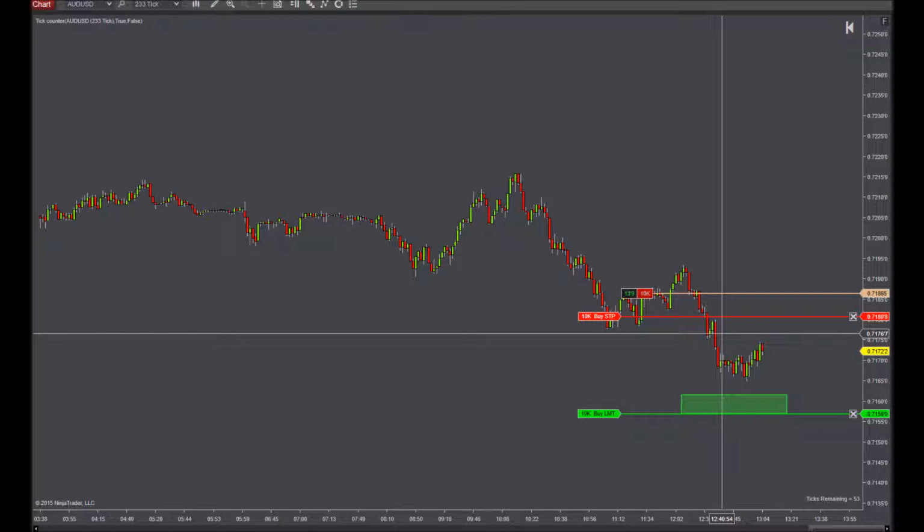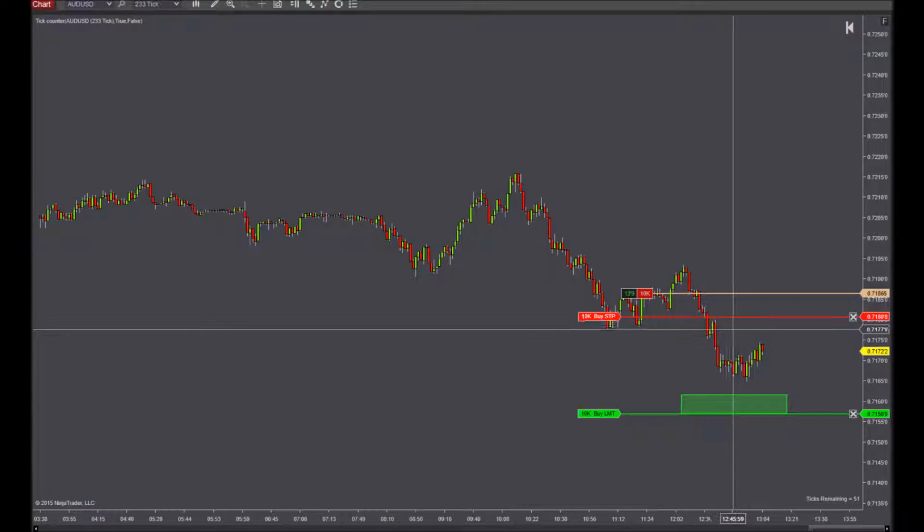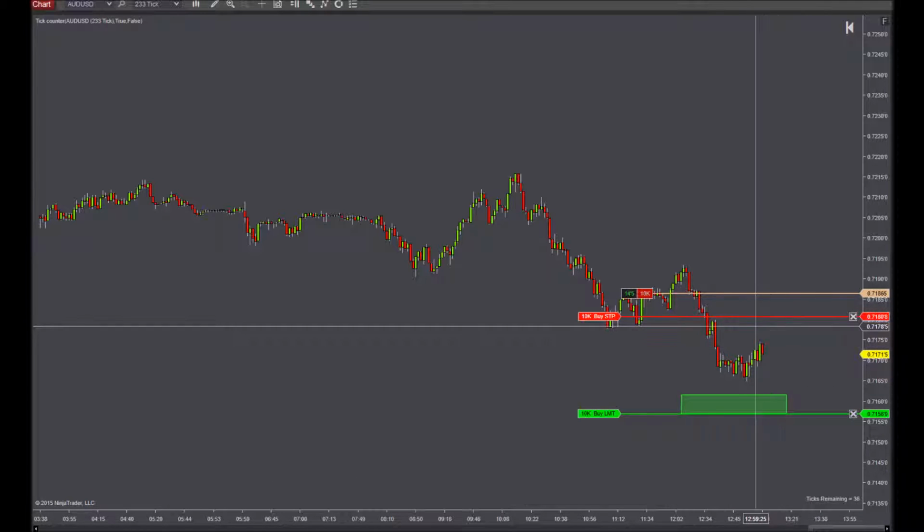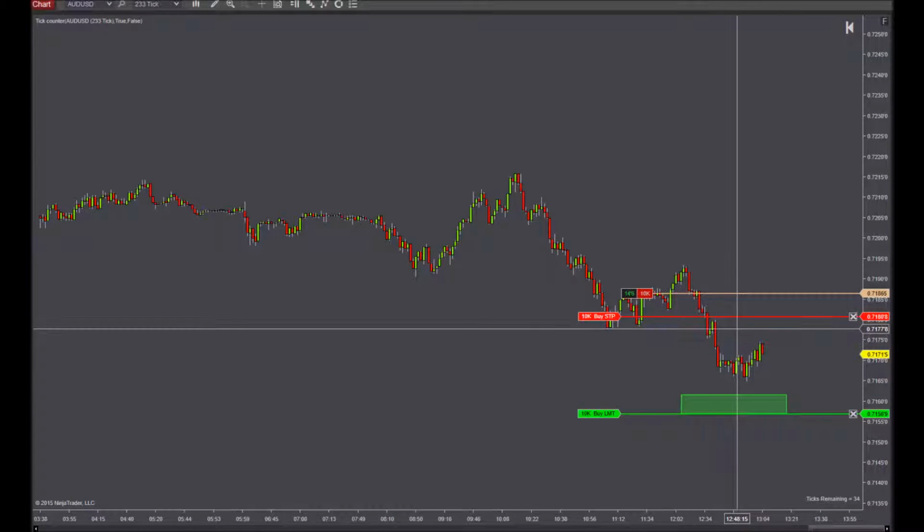But with that said, if it does pull back into this area, then we will be looking for another entry to the downside. So I'll close out the trade and then just wait for the pullback to complete and get back on the train heading to Pip Town, right?